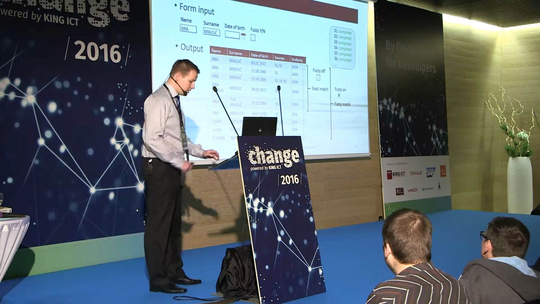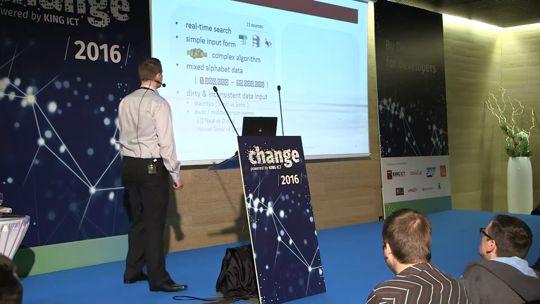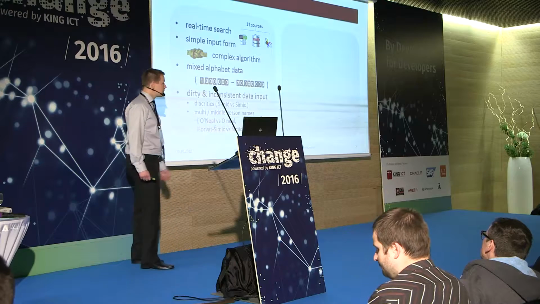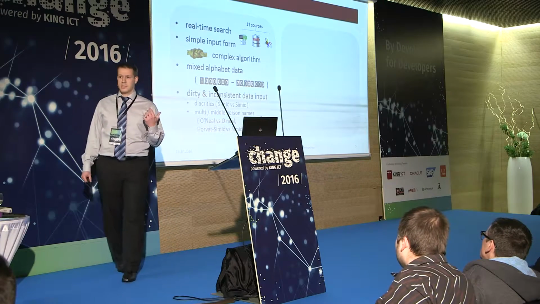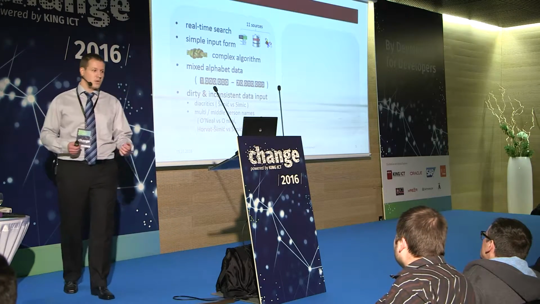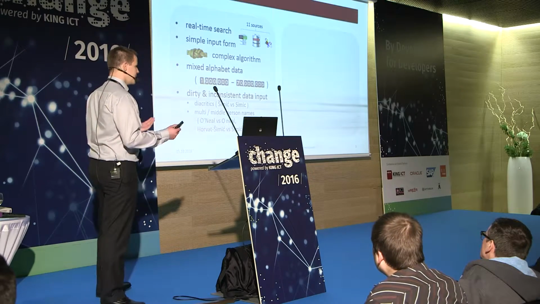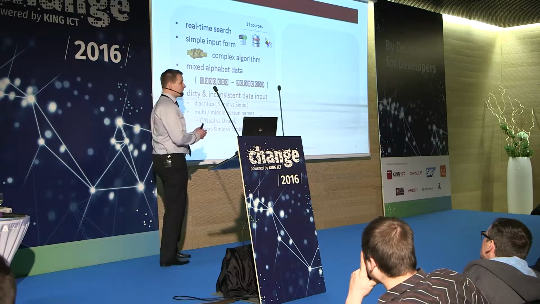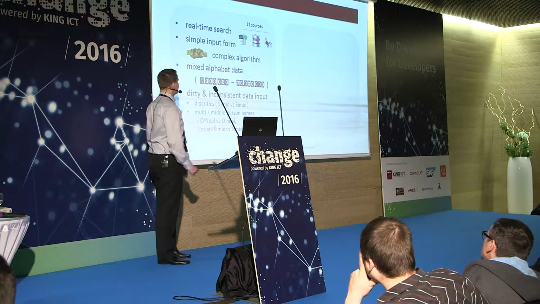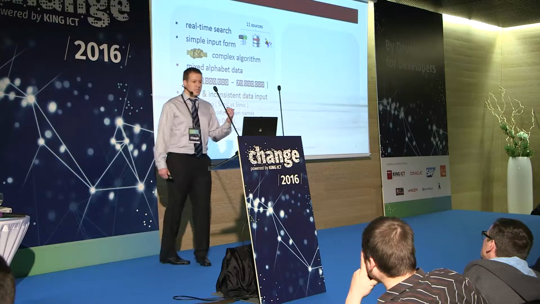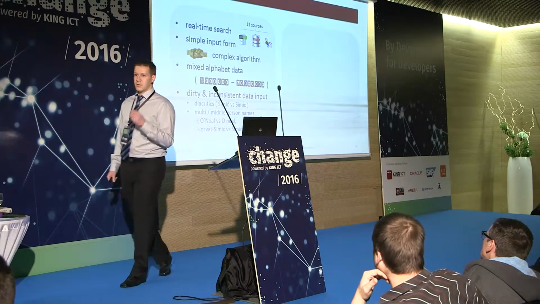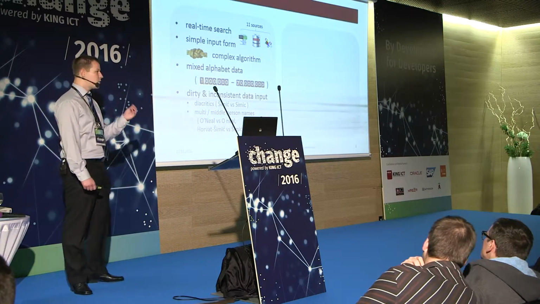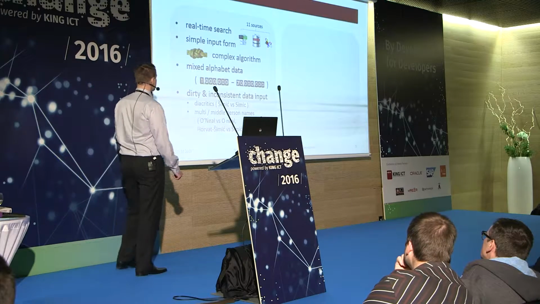So it sounds very simple, but let's see why it is not. These are our business challenges. First of all, this is a real-time search, so no data warehousing, no data cleaning. We can't have any data marts. Everything is real-time, and we cannot change the sources. The sources are as is. So even though we have a simple input form, we are conducting a very complex search algorithm, which you will get to see later on.